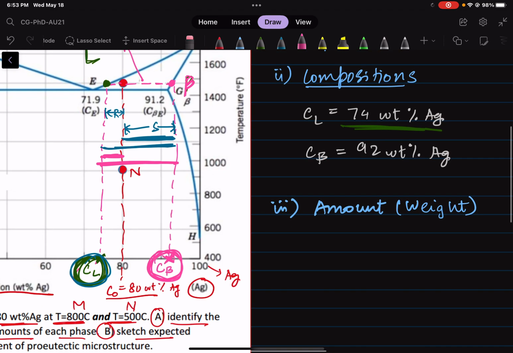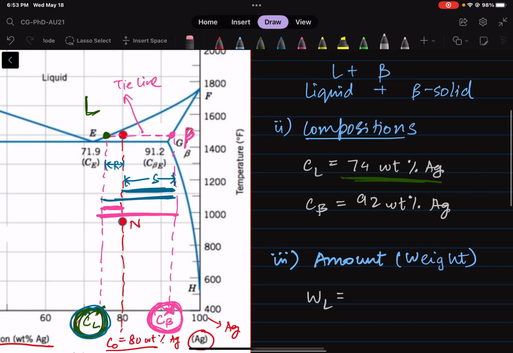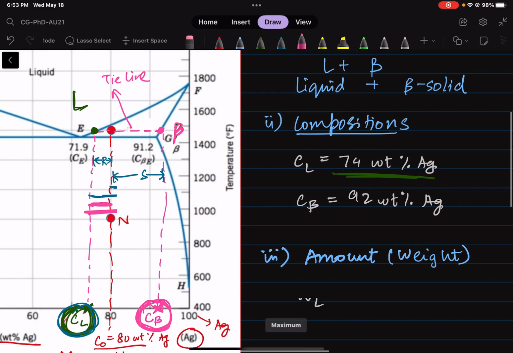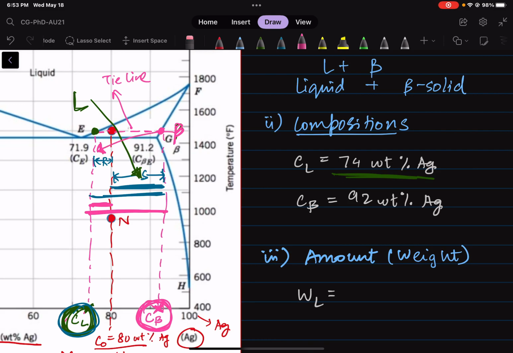So what that means is that the weight fractions of the liquid and the beta can be represented as follows. The weight fraction of liquid will be the one that is opposite to it, so it'll be the S, and for the beta it'll be R.